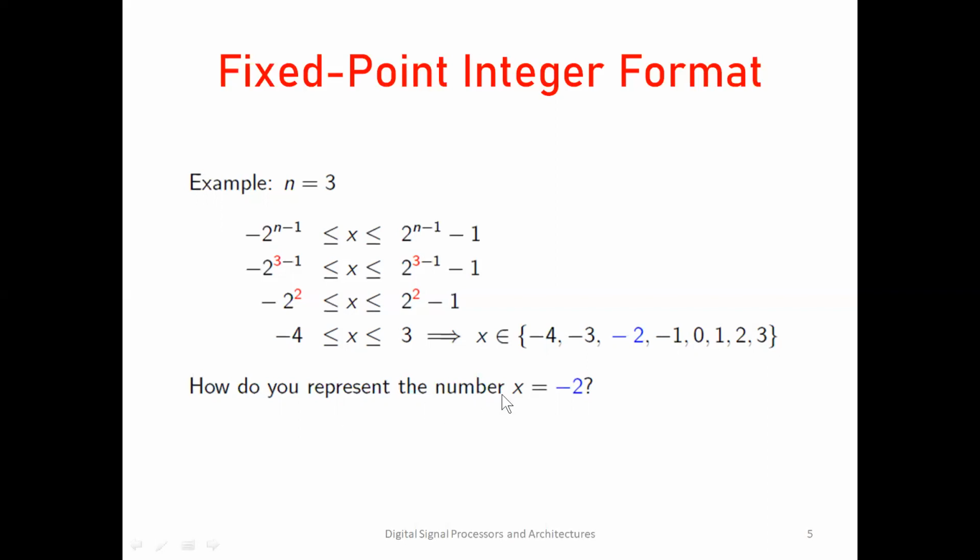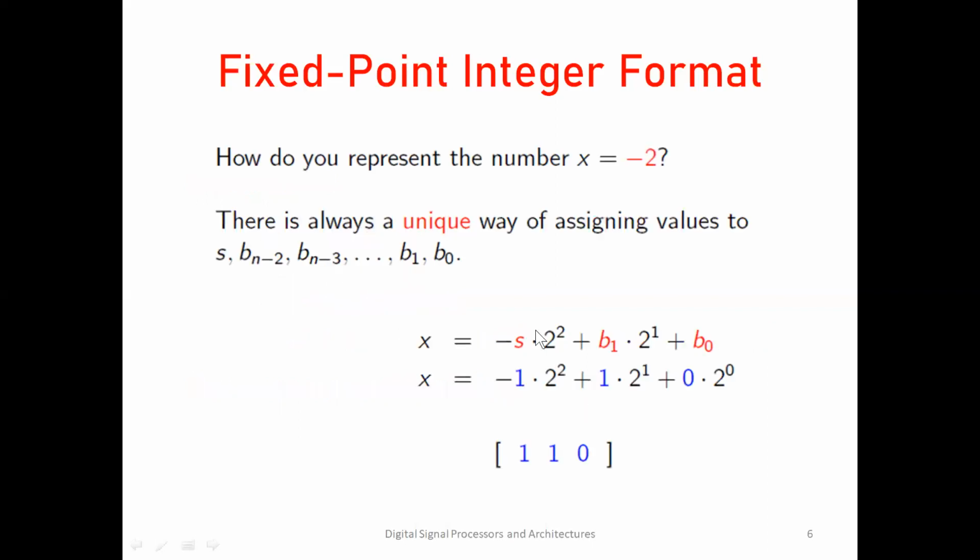Now how can we represent the number x equal to minus 2? Coming to the representation, by assigning the values appropriately to s, b n minus 2, b n minus 3 and so on, we'll get the value of x. To get the value of x equal to minus 2, s is 1 for the negative number.